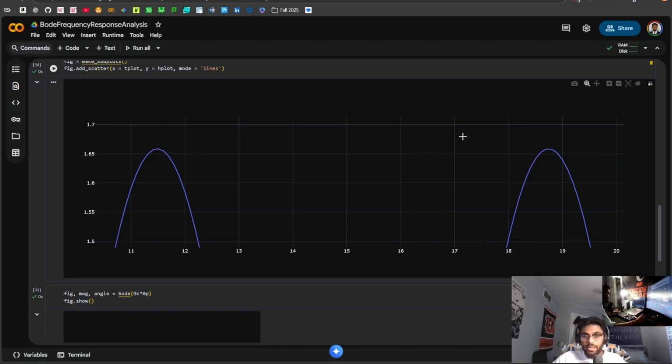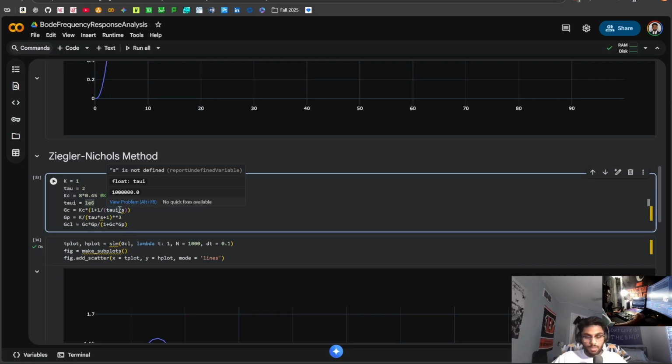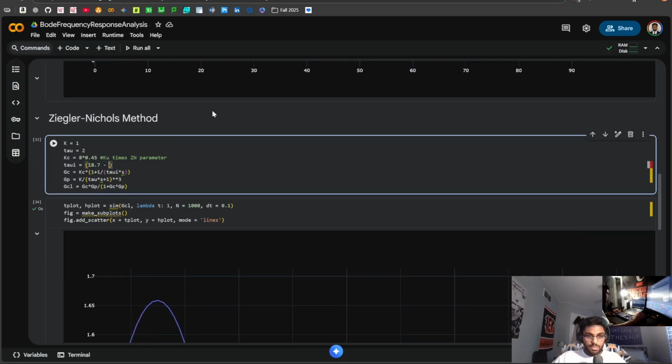So this peak is at 18.7, minus what we have here, which is 11.5. So this is times 0.83. So now this is our Tu times the Zn parameter.